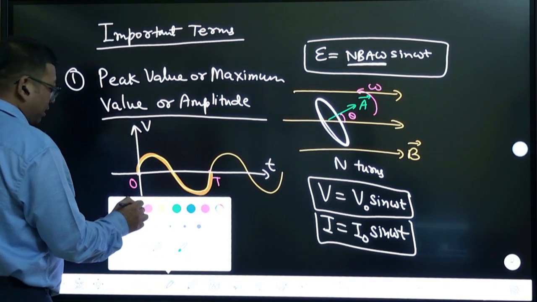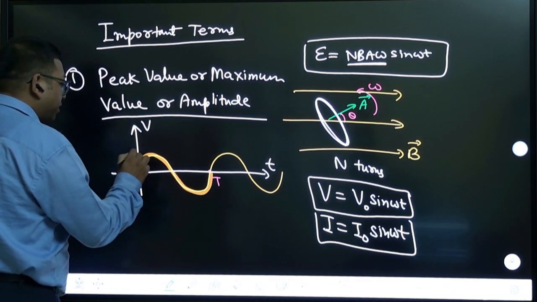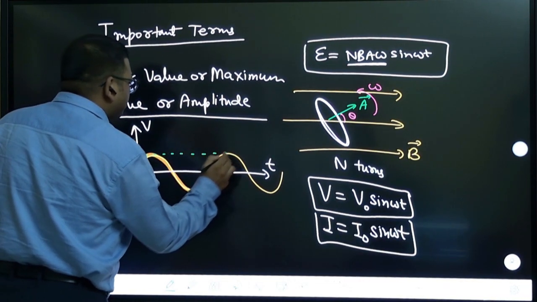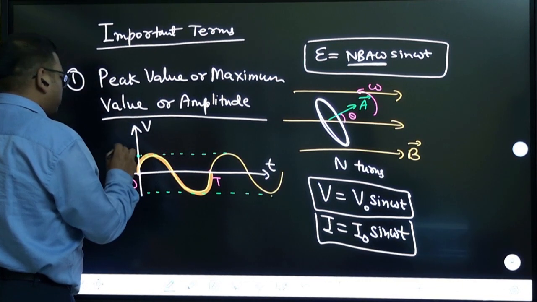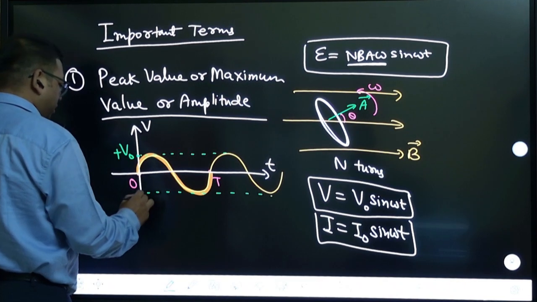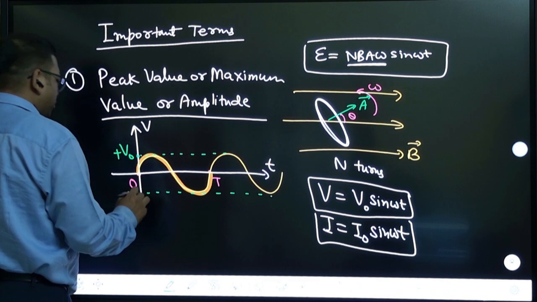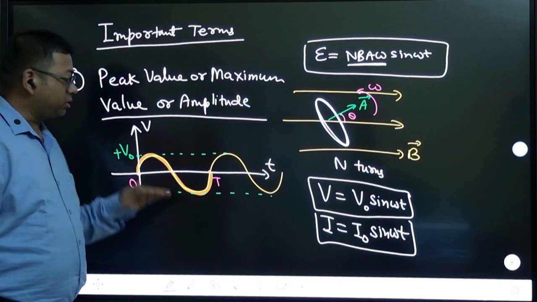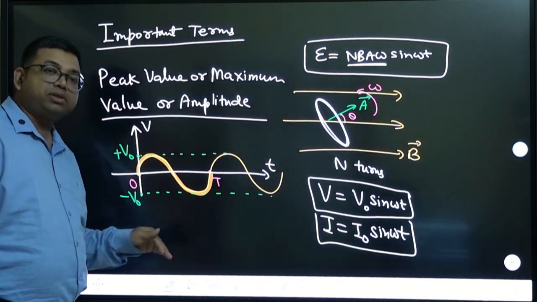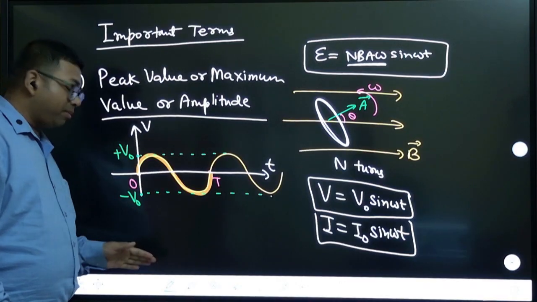And here you can note that this is the maximum value, and this is the minimum value of this function. Maximum value is plus V naught, and here the minimum is minus V naught. So this V naught is called amplitude. It is oscillating between plus V naught and minus V naught.